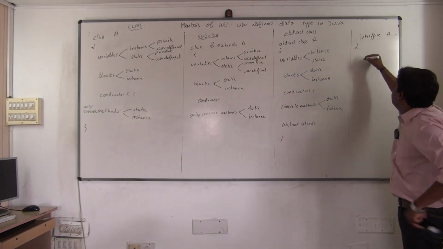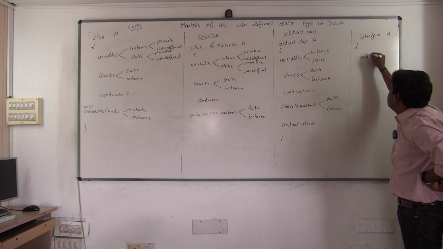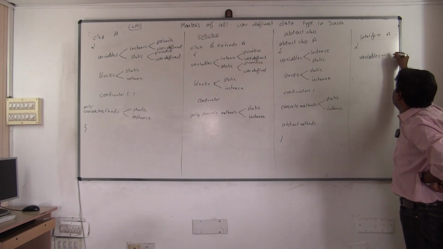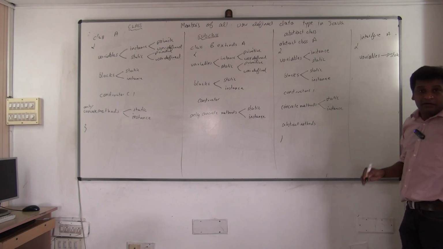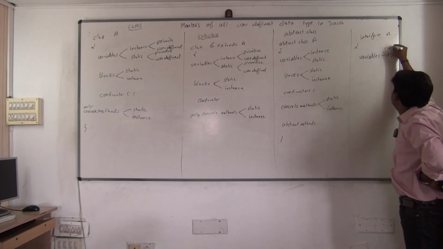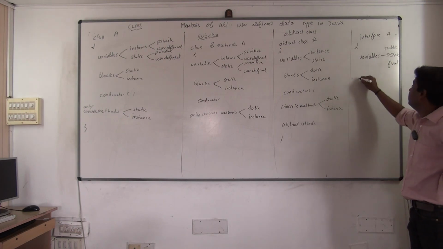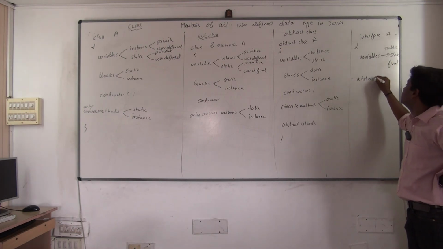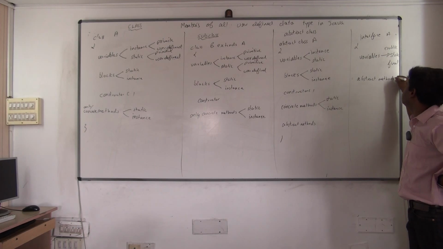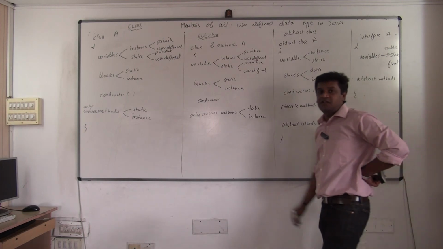That's it. You can have variables, and that too only static. Public static final variables. Then methods, you can have only abstract methods. That's it. So these are the differences.